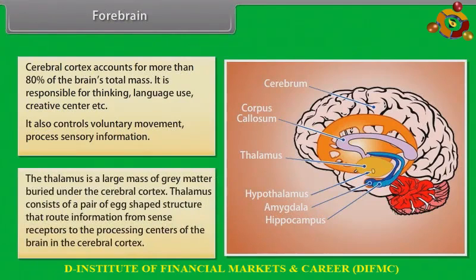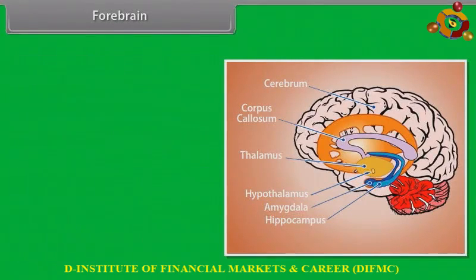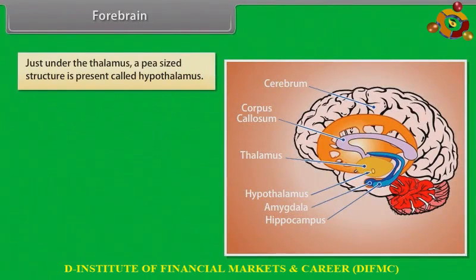The thalamus is a large mass of grey matter buried under the cerebral cortex. Thalamus consists of a pair of egg-shaped structures that route information from sense receptors to the processing centers of the brain in the cerebral cortex. Just under the thalamus, a pea-sized structure is present called hypothalamus.